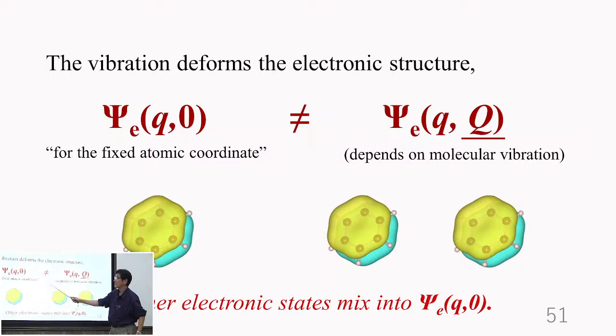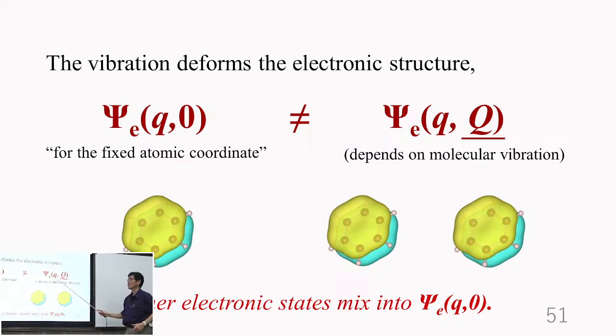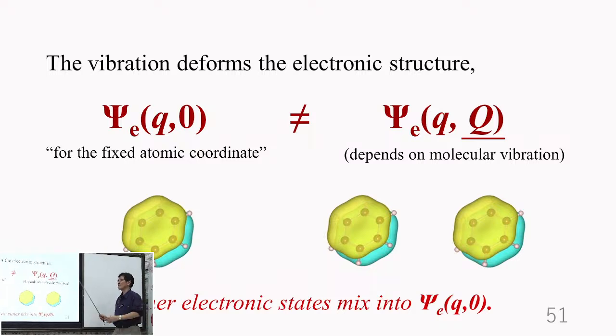Okay? That is, the wave function of the electron at given coordinate Q, at coordinate 0, that is the stopping structure, is not equal to the electronic wave function with the vibrating coordinate along Q. So we need to consider this feature, the vibration dependence of the electronic wave function.